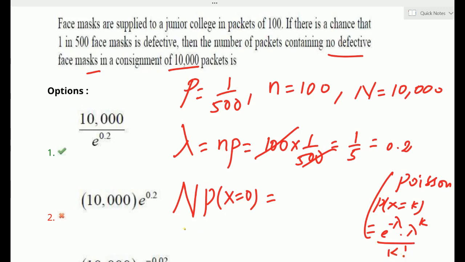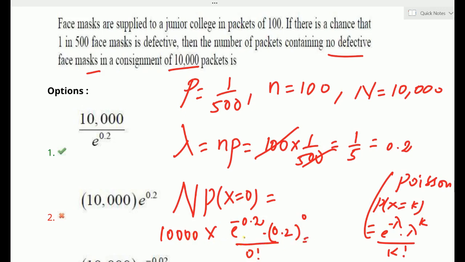Here N is 10,000. That's okay. N into P of x equals 0. In place of lambda, k is 0. Lambda we got as 0.2. That is e power minus 0.2 into 0.2 power 0 by 0 factorial. 0 factorial is, sorry, 1.